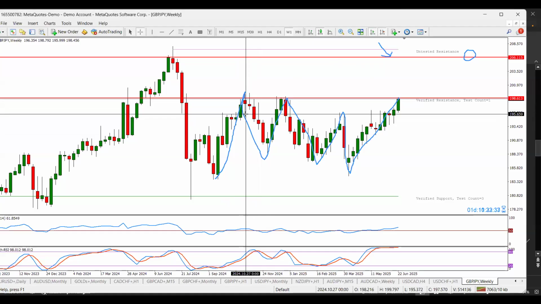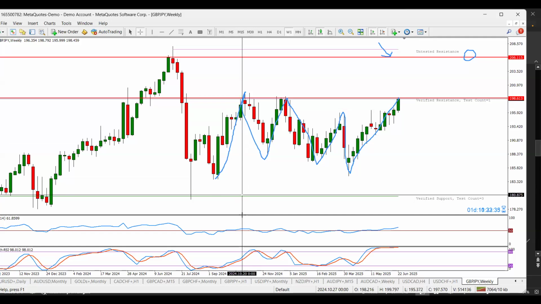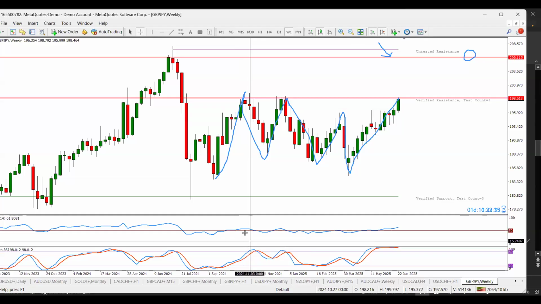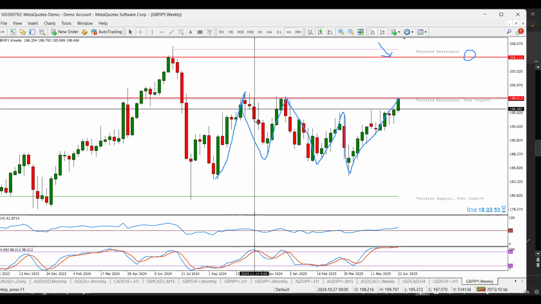If you check these dates, the last time price tried to get here, where it is currently, was on the 27th of October 2024. It was rejected and then it came down.